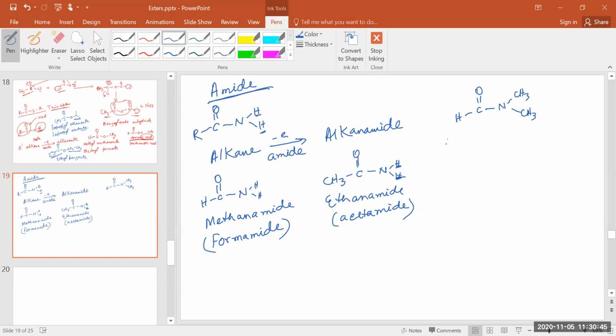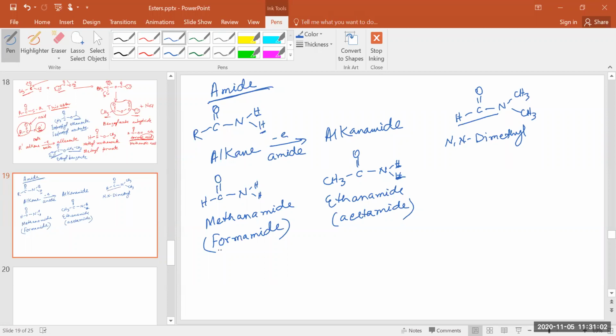So on the N you have 2 methyl groups, so you have to say N twice: N,N-dimethyl. What is this one carbon?